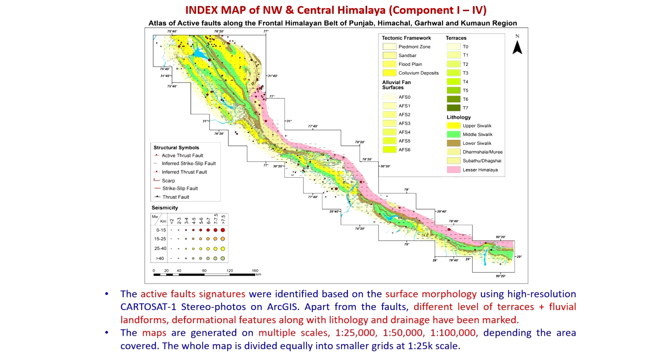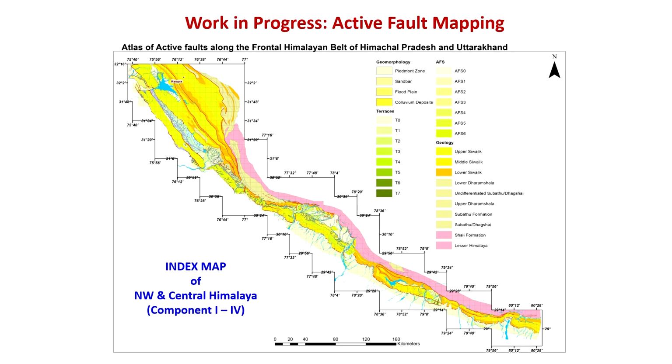Now, the map which we generated can be extracted at different scales, 1 is to 25,000, or 1 is to 50,000, or 1 is to 1 lakh, depending on the area covered. The whole map we divided into 25K scale, and indexing was done.